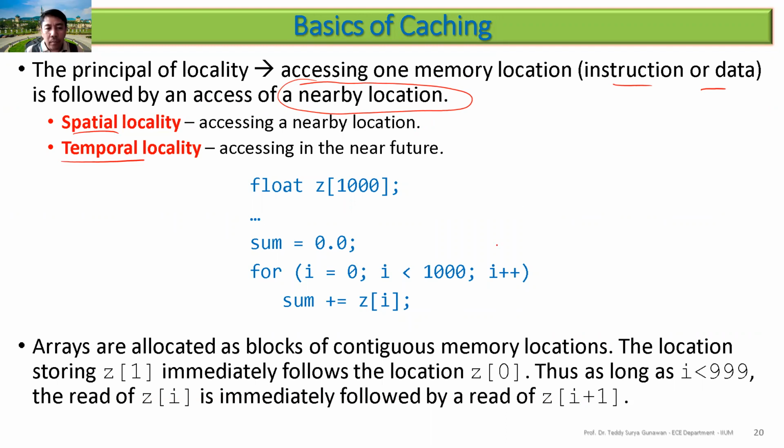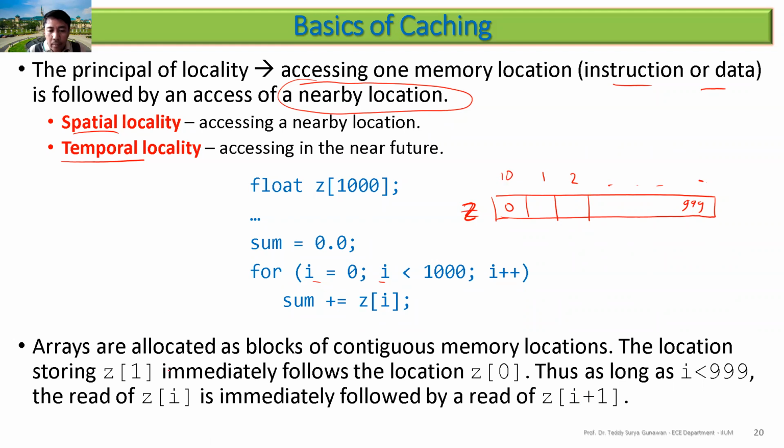Let's see an example here. As you can see, this is I0. Suppose that you have a Z buffer here, 0 until 999. You can see I equal to 0, I equal to 1, I equal to 2, until I equal to 999. You access the values of the Z variables.